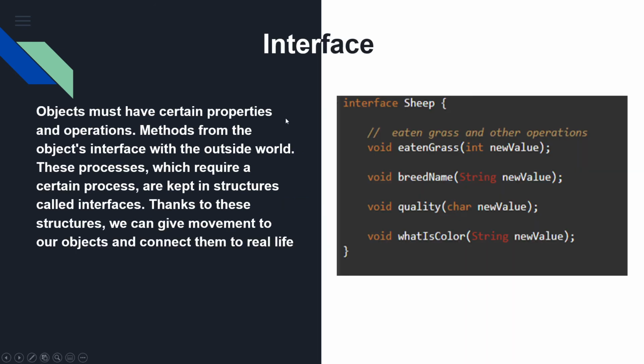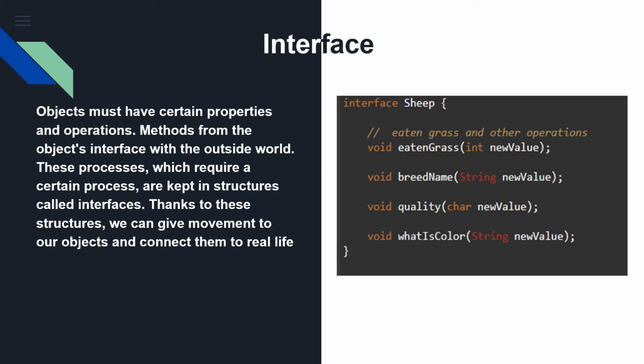Let's skip to the interface. Interface is so important because we collected properties like color, name, age, and weight in classes and subprograms. But we also have interfaces that collect operations, as you see. If you have so many functions, you can separate them according to topics in interfaces.